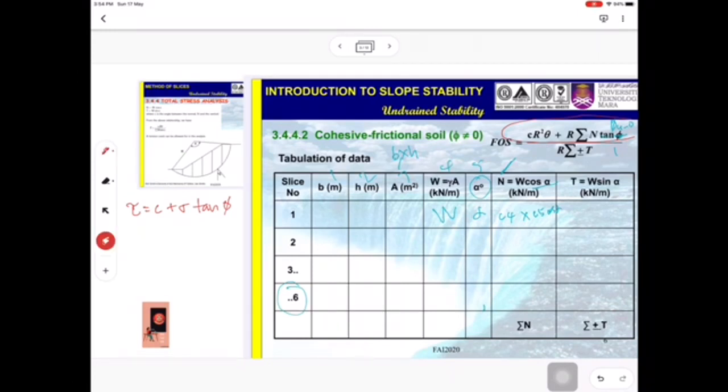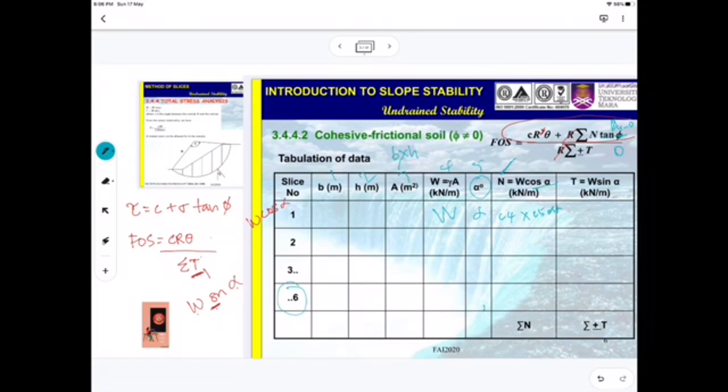So that's why C R squared theta plus R summation of N tangent phi, but this is equal to 0, and this is a force, so you have to times with the distance R. Okay, so you can simplify by cancelling R. So finally FOS is equal to CR theta over summation of T. Okay, T is W sine alpha.